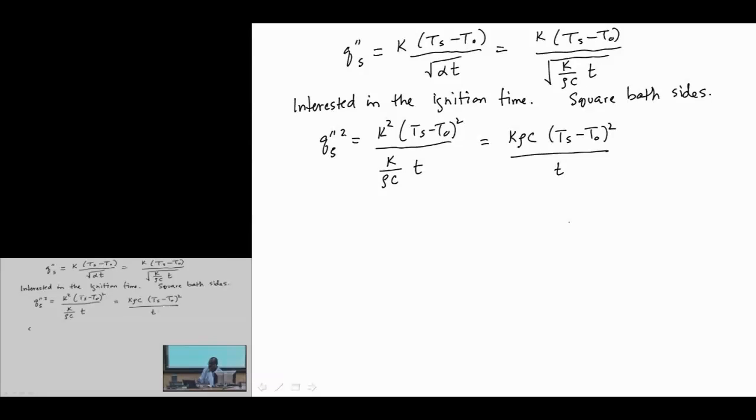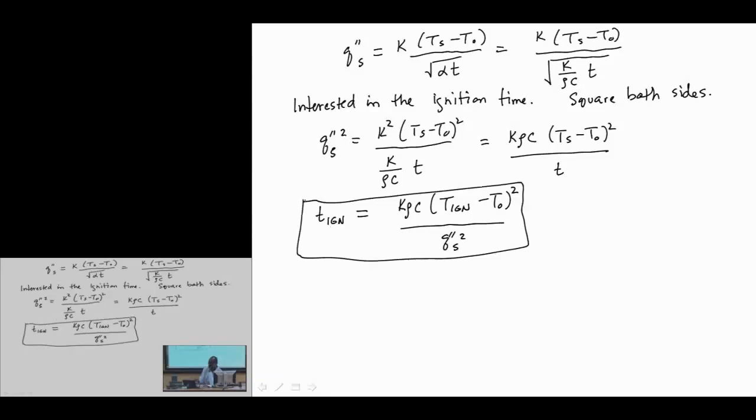And when we associate t with the ignition time and we solve for it, we get t ignition is equal to this k rho c factor. Now we're going to call T_S T ignition, minus T_0 squared, over this Q_S squared. Okay. Now, this is great.